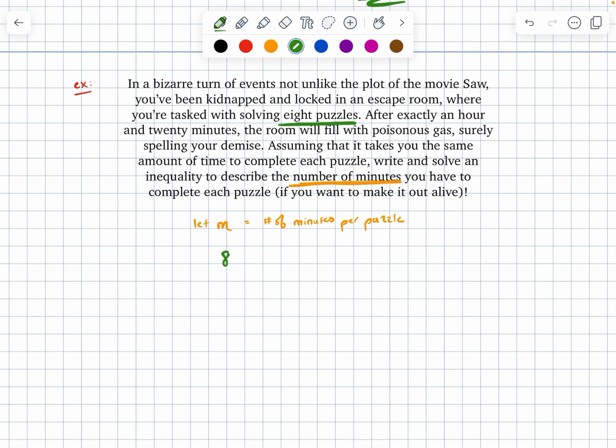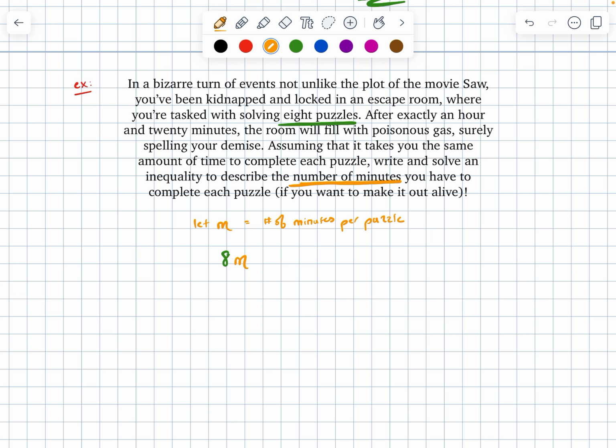I've got 8 puzzles in total. If it took me 2 minutes per puzzle, then I would do 8 times 2. That would take me 16 minutes. If it took me 3 minutes per puzzle, I'd do 8 times 3 to get the amount of time. But I have m minutes per puzzle. So if I do 8, the number of puzzles, times m, the number of minutes for one puzzle, that should give me the total amount of time that I spend puzzle solving.